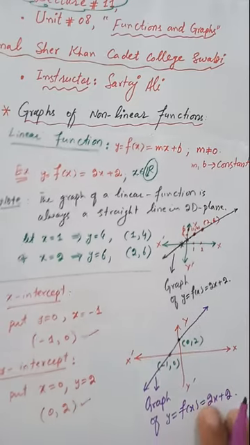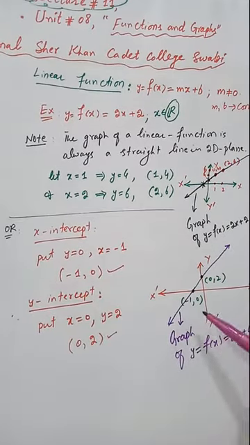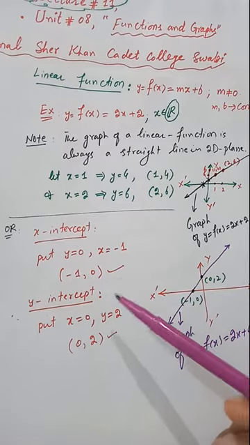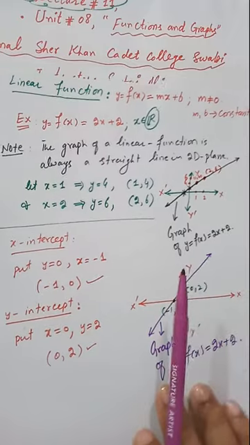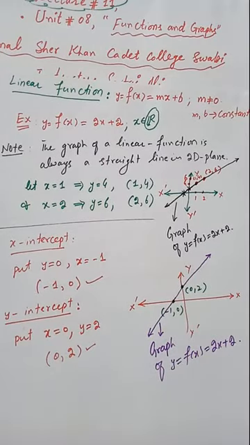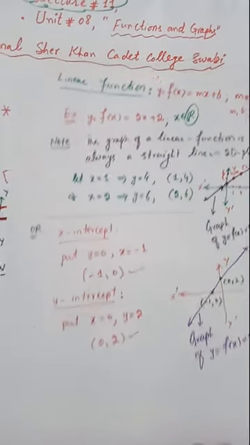So the better way to draw the graph of a linear function is to find the x-intercept and y-intercept and pass the straight line through those two intercepts. So you will get the graph of the linear function, which is a straight line. You may also make as many ordered pairs as you want, but the minimum requirement is 2. So why waste time on other ordered pairs? Okay, so this is the graph of the linear function.